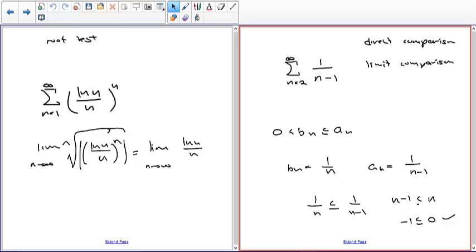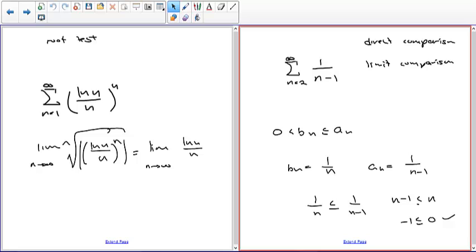So what we did was we chose b sub n to be just 1 over n, and we proved that 1 over n is always less than 1 over n minus 1, which makes sense because when you subtract 1 from the denominator, this makes a smaller denominator, which makes a bigger fraction. But you can cross multiply and actually show it's true for all n.